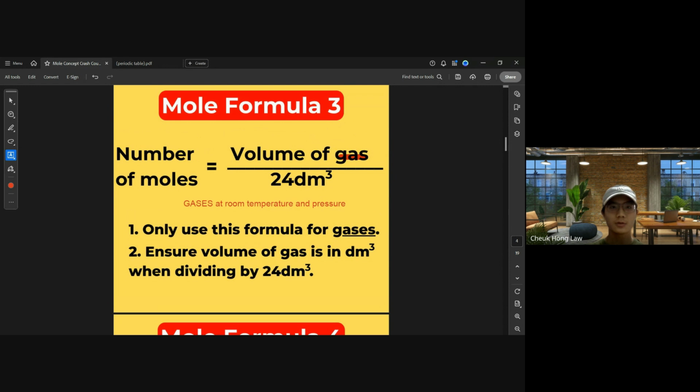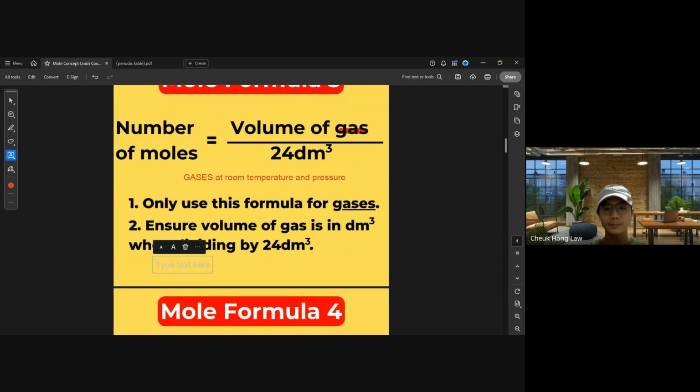Okay, so maybe a question will give you 500 cm cube of hydrogen. Okay, then you need to find the number of moles, right? Do you take 500 divided by 24 to find the number of moles? No, you don't do that. You have to change cm cube to dm cube.